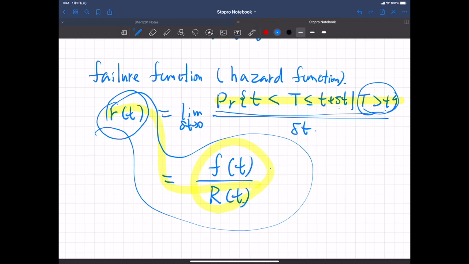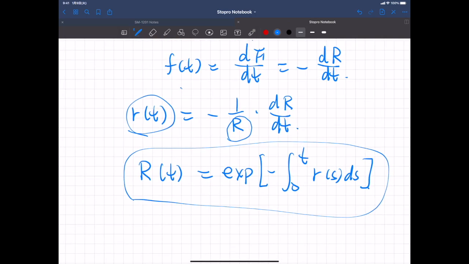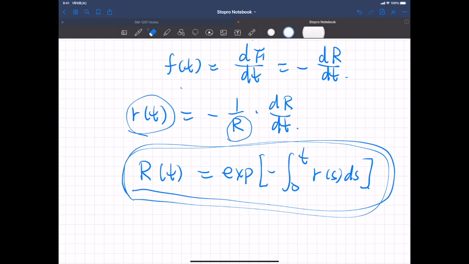So you count this event many times. You observe through many samples. Then you can find some estimate of this failure function. Then given that, you can calculate the reliability function based on this equation, at least in theory. In practice, it may be difficult, but yeah, that's the interpretation of this equation.